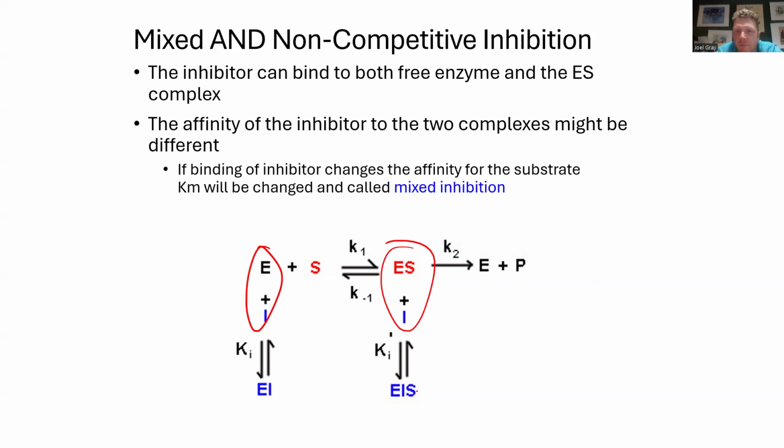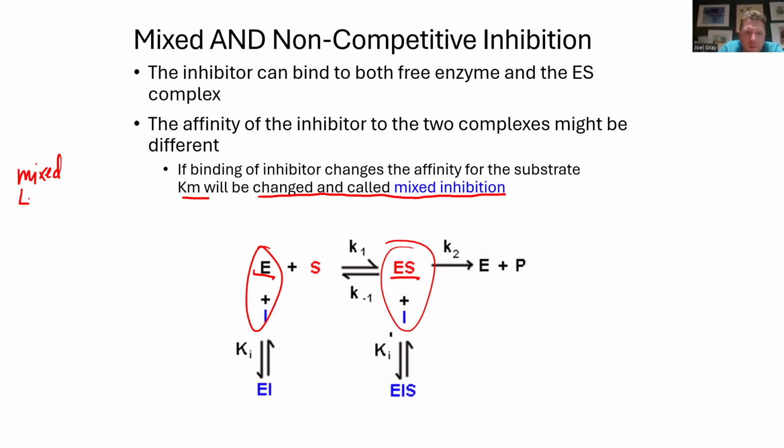If the binding of the inhibitor changes the affinity for the substrate, Km will be changed, and this is referred to as mixed inhibition. So one way that you could think about this is mixed inhibitor: it can bind to E and it can bind to ES.